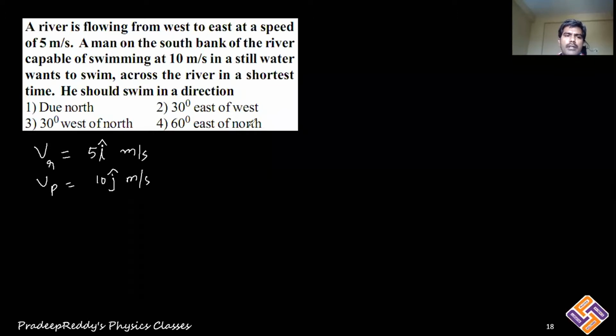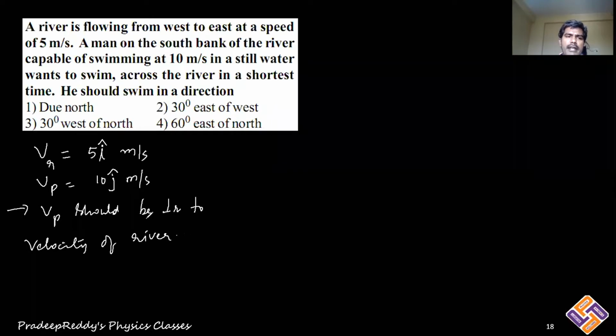Now, how should he swim, in what direction? You are supposed to find that out. In order to reach the other bank of the river in the shortest time, the velocity of the person should be perpendicular to the velocity of the river.